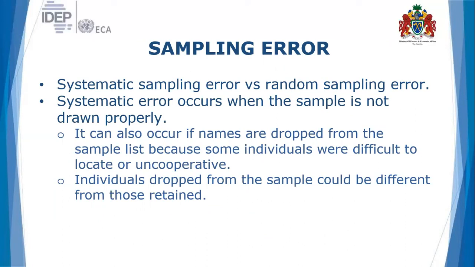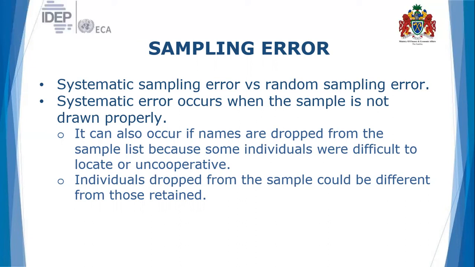Systematic error occurs when the sample is not drawn properly for various reasons. It can also occur if names are dropped from the sample list because some individuals or members were difficult to locate or uncooperative.